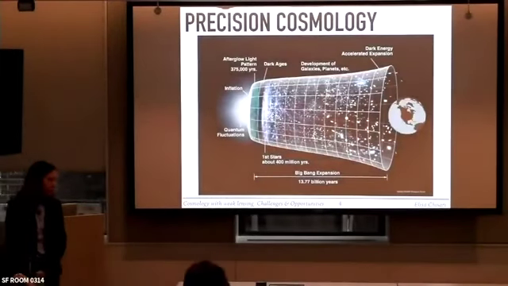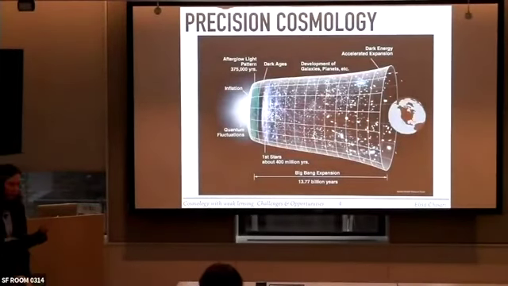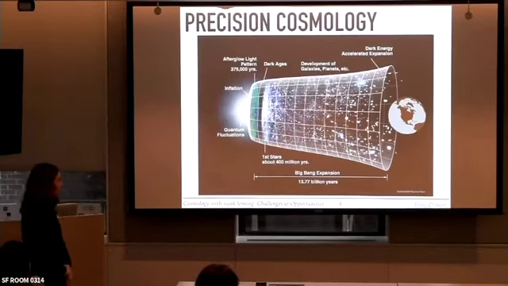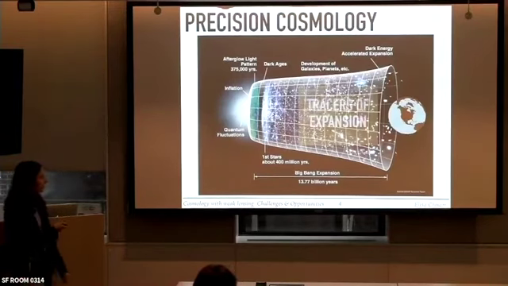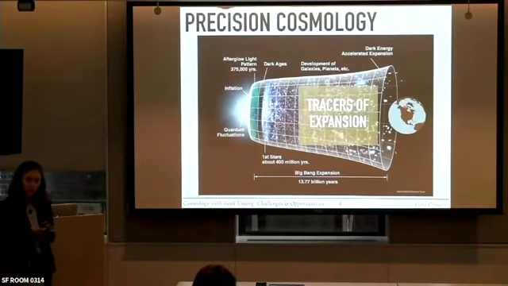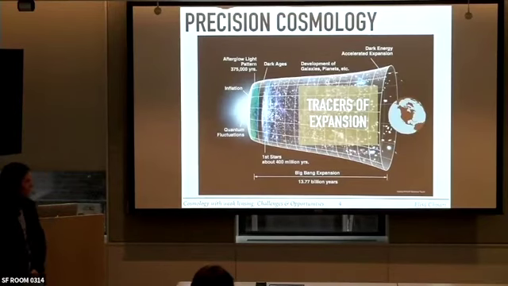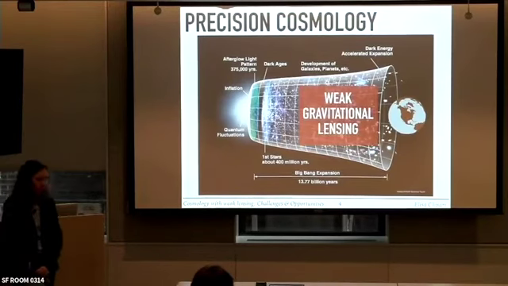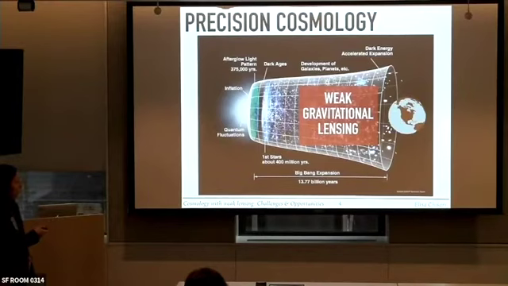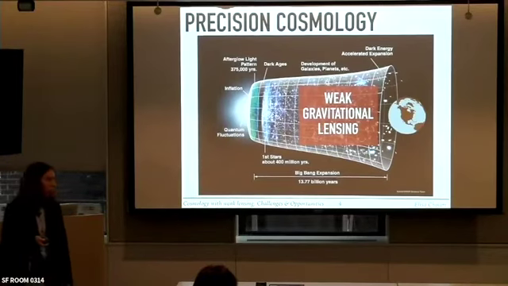So how do we do that? In order to harness the full statistical power of the structure of the universe, we need to identify tracers of that expansion history if we want to learn about the nature of dark energy. And the tracer that I'll be focusing on for this talk is weak gravitational lensing. So we're going to be extracting the information that lies in the large structure of the galaxies that formed after these primordial fluctuations grew by gravity throughout the history of the universe.